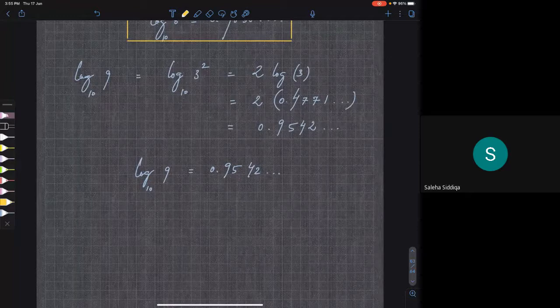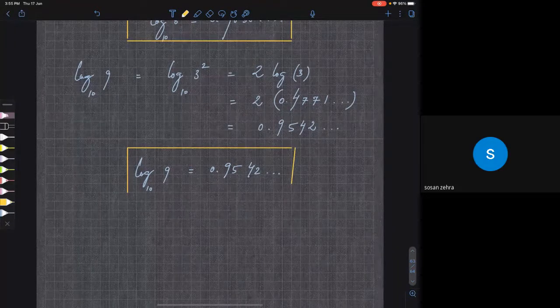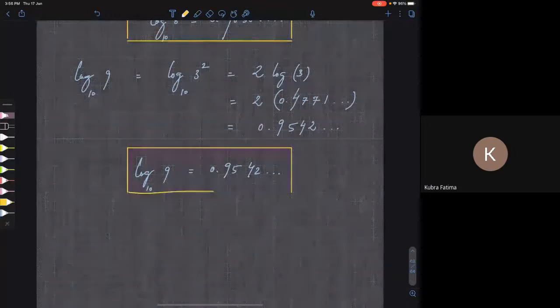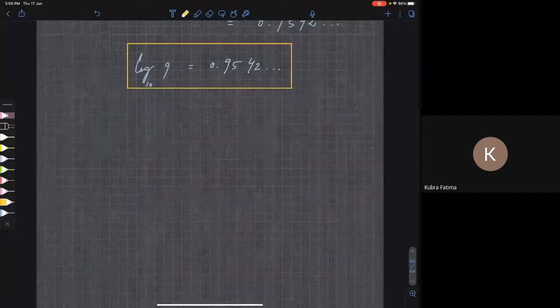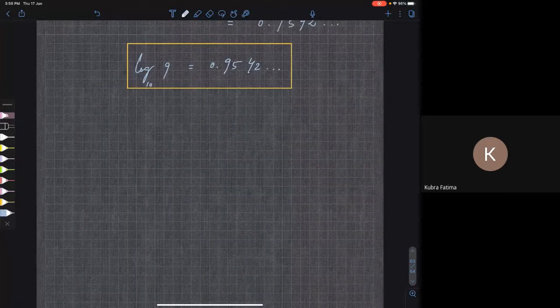Now next comes log 10, which you already know. It is 1. So you need to remember which values to take out logarithms. You need to remember log 2, 0.3010.